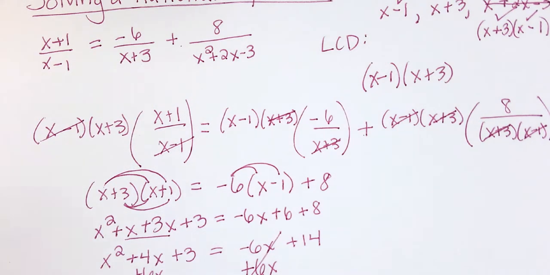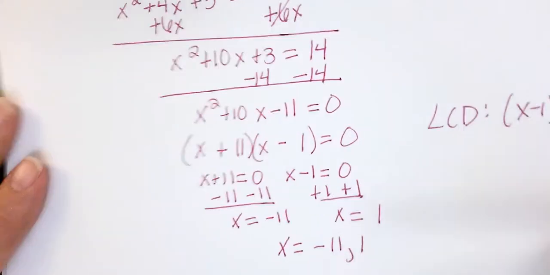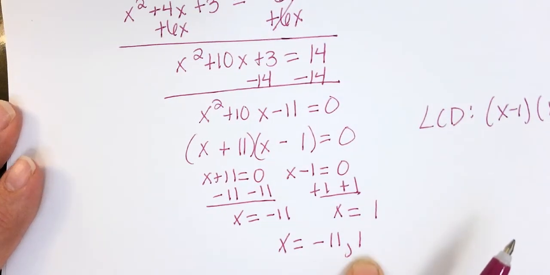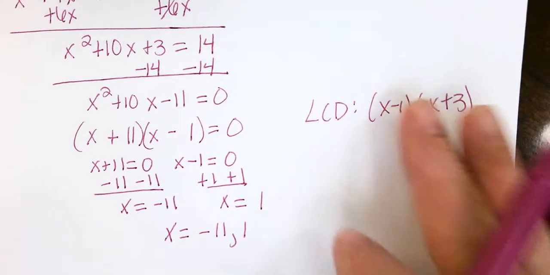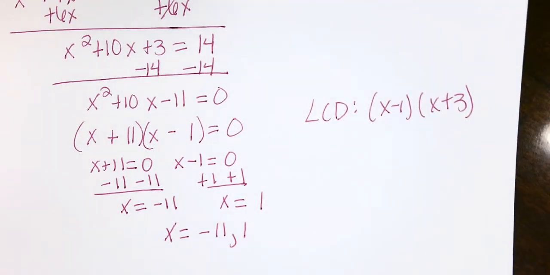So if we plug in our solutions, negative 11 and 1, and this gives us 0 in any way, shape, or form, then that means that one of the denominators is going to be 0, and that means that potential solution is not a valid solution. So this is how you're going to check it.